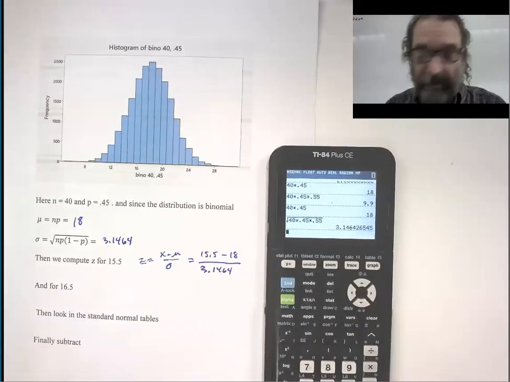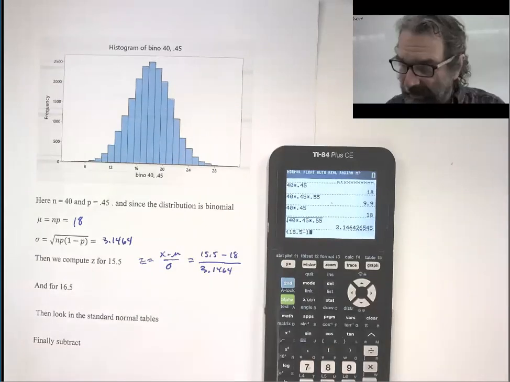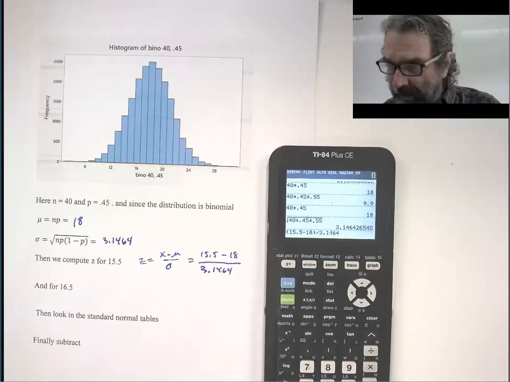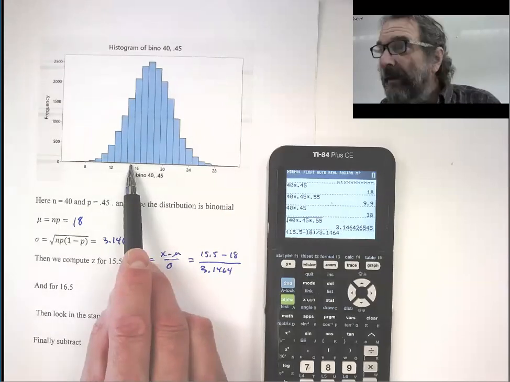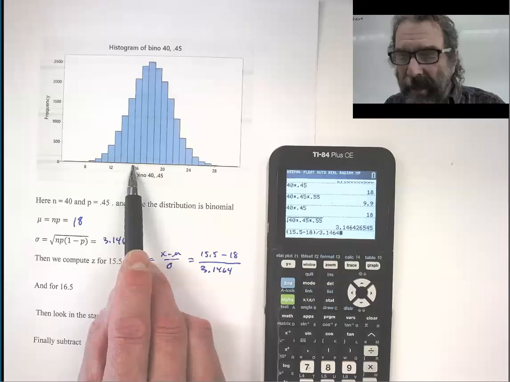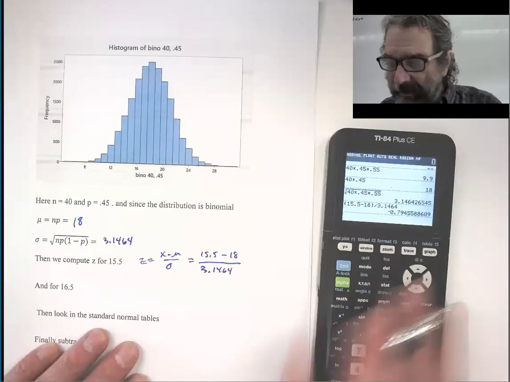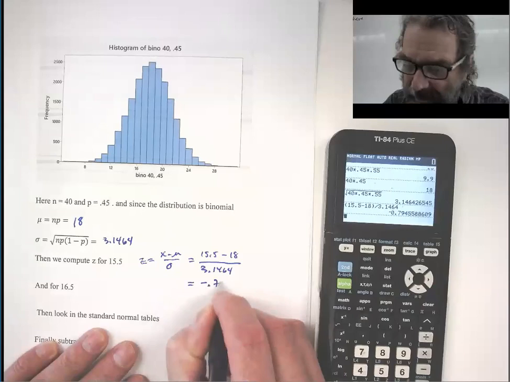I use parentheses for the top: 15.5 minus 18, parentheses, divided by 3.1464. All right. Now we're looking at 15.5. It's below the mean. So when I compute the number of standard deviations away from the mean, I expect a negative answer. Off we go. Negative 0.7945.